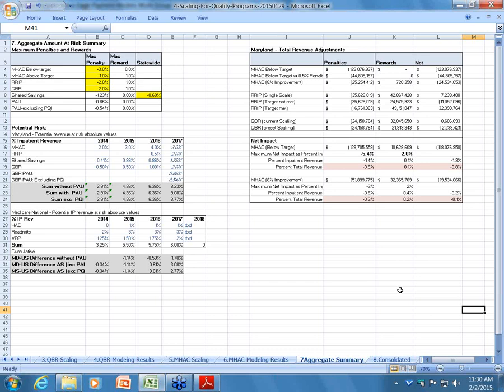So we have a head start on our global budget model, and we also have to make sure that we tie a significant portion of revenue, whatever that portion is, to value-based payments so that people don't sit on their global budgets and not produce the value.